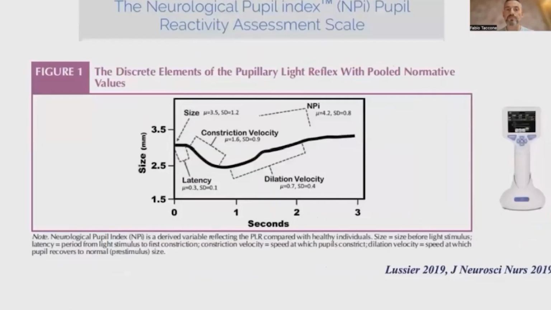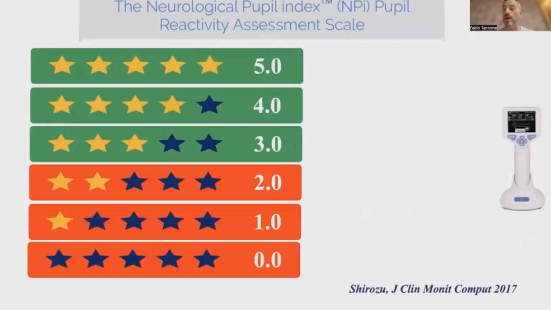This is why one company, Neuroptics, has produced an index called NPI, which is an index taking into account all the different metrics of the pupil and the pupillary light reflex, which will give you a number very easily, quantified from 0 to 5. 0, there is no reflex to light. 5 is a perfect reflex to light.